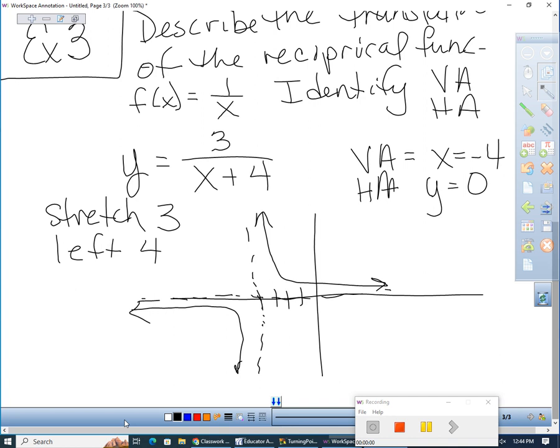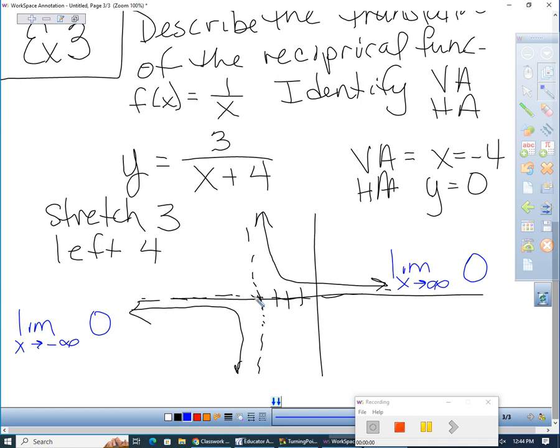Now, let's quickly add this in. What are our 4 end behaviors? This one over here is the limit as x goes to -infinity. It equals 0. This one is the limit as x goes to +infinity. It is 0. So you'll notice the limits as they're going to positive and negative infinity are going to your horizontal asymptote.